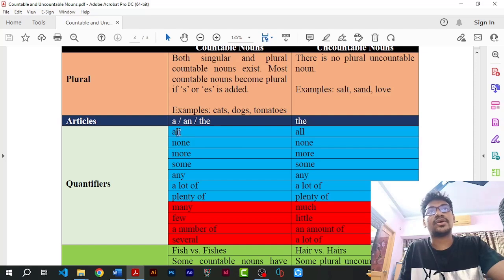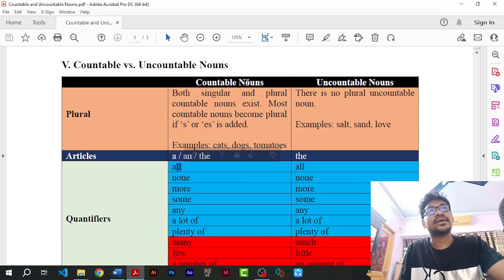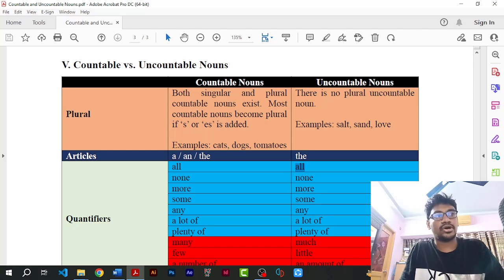The word all can be used for quantifying countable nouns as well as for quantifying uncountable nouns. For example, I had all the love in the world for her. Or if it's countable nouns, I can say he ate all the apples.